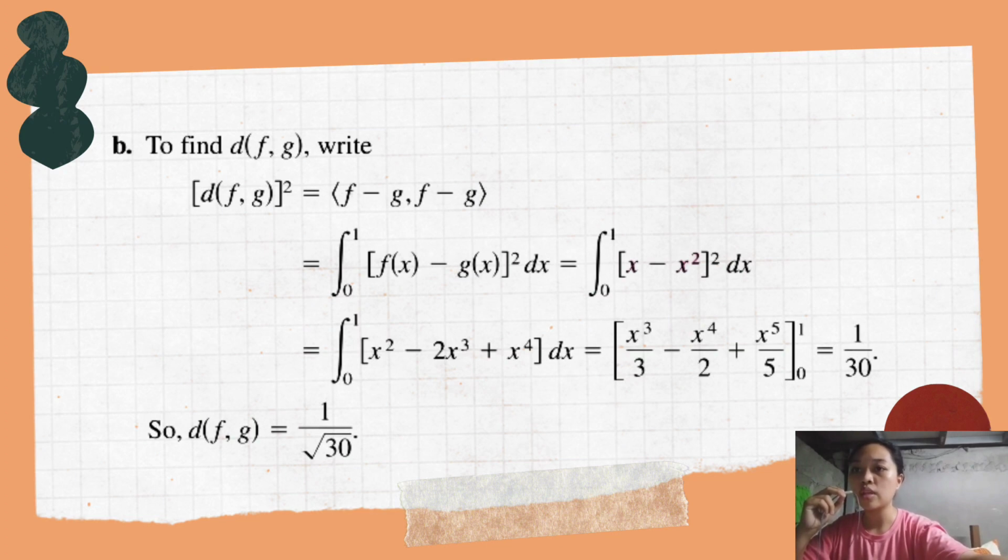By evaluating, we now have 1 over 30, so the distance is 1 over the square root of 30, which means that the distance between the functions f(x) equals x and g(x) equals x squared in [0, 1] is 1 over square root of 30.